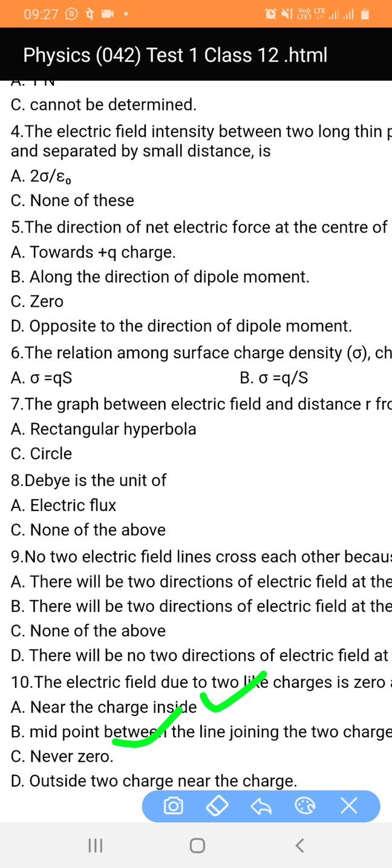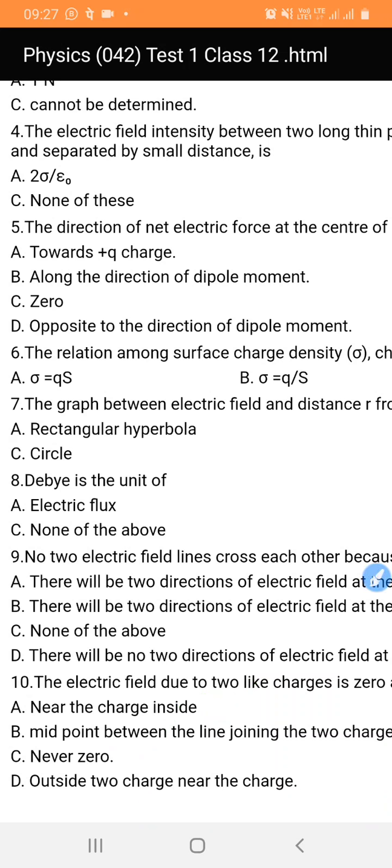For the same magnitude of two like charges, like plus q, at the midpoint, that is called the neutral point, the electric field is 0. But if plus q and plus 2q, it is 0 inside but near the plus q charge. So these are the answers of all 10 questions. Remember, thank you very much.